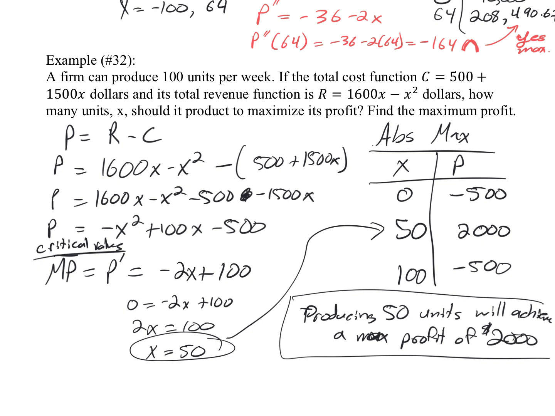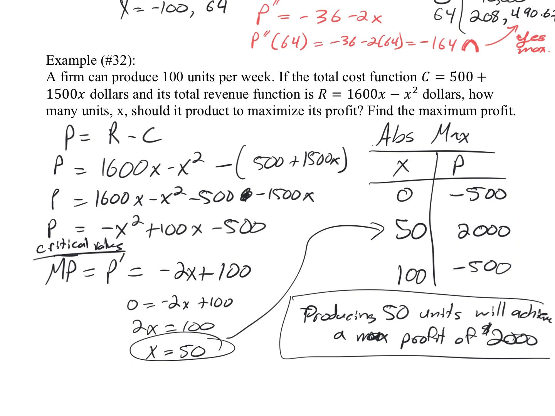Okay, so now that we've answered the question, I'm going to go on a very small tangent. What if they had asked you for the minimum profit? Well, that would kind of be dumb in the context of a problem because no one wants to achieve a minimum profit. But aside from that, when you're looking at this table of the potential absolute maximum values, what I notice is negative 500 shows up twice.